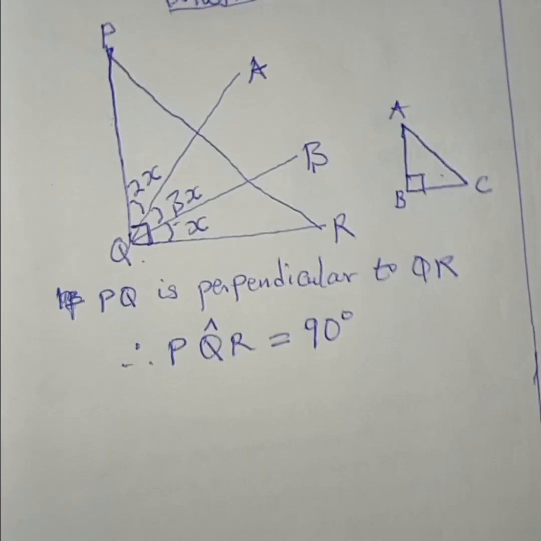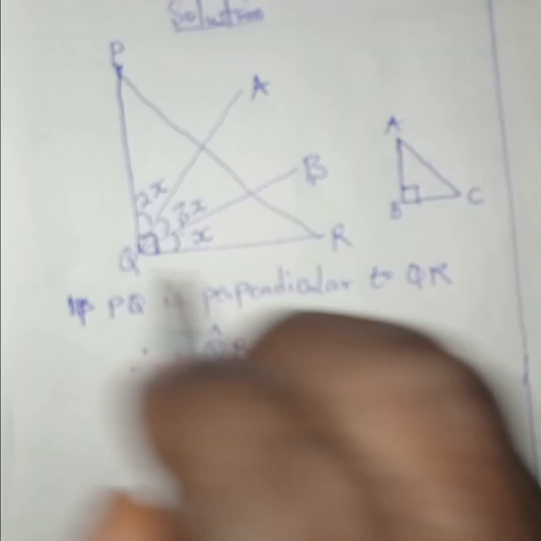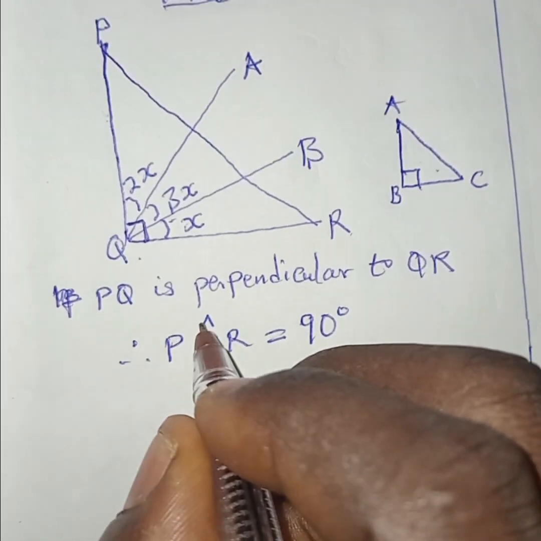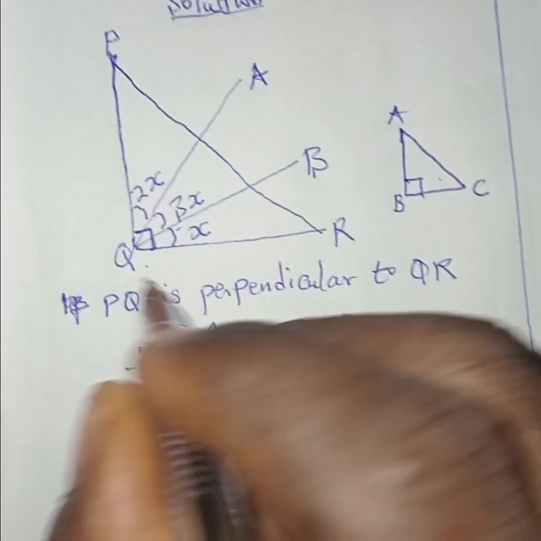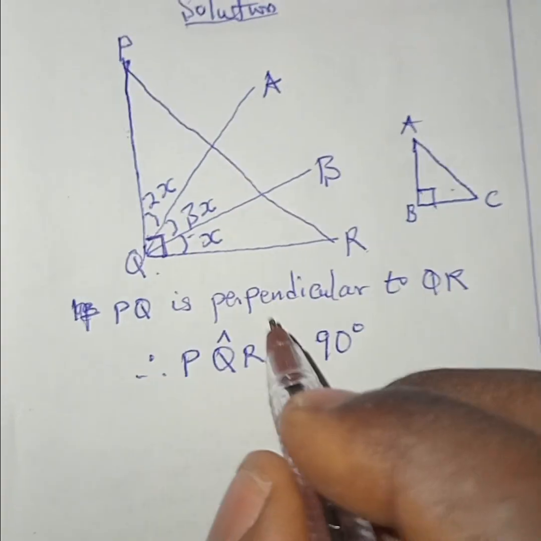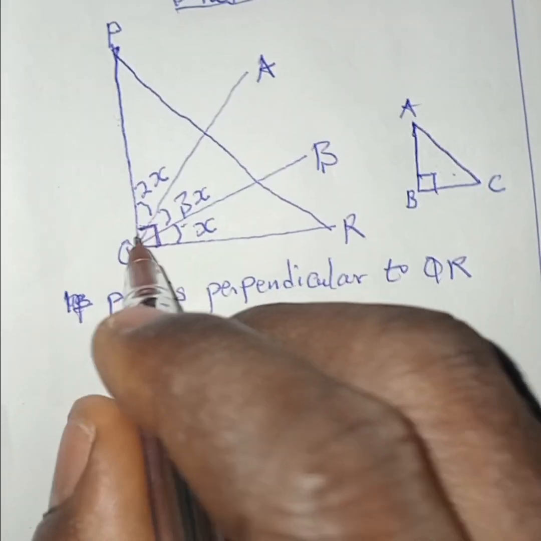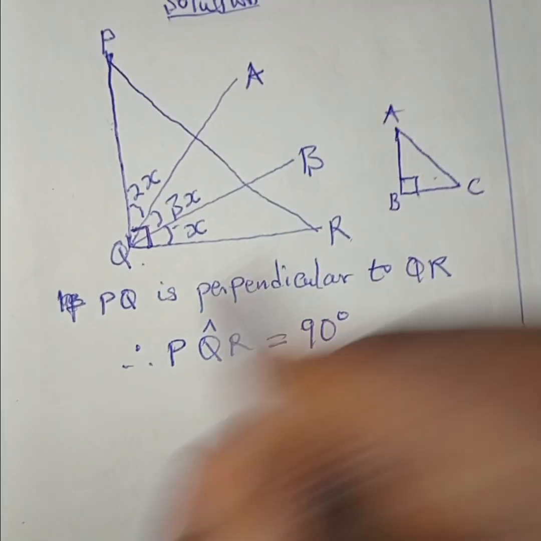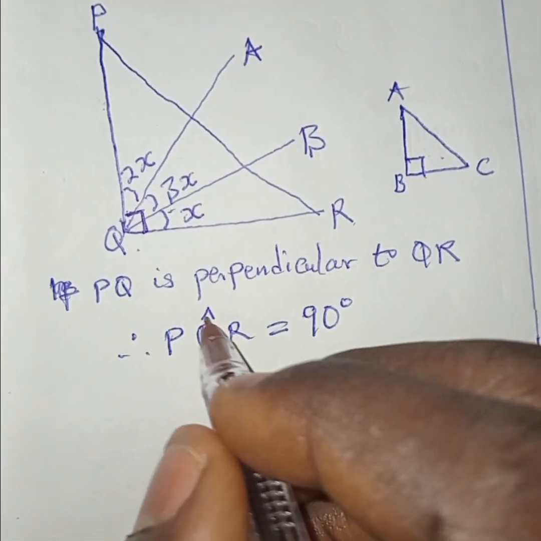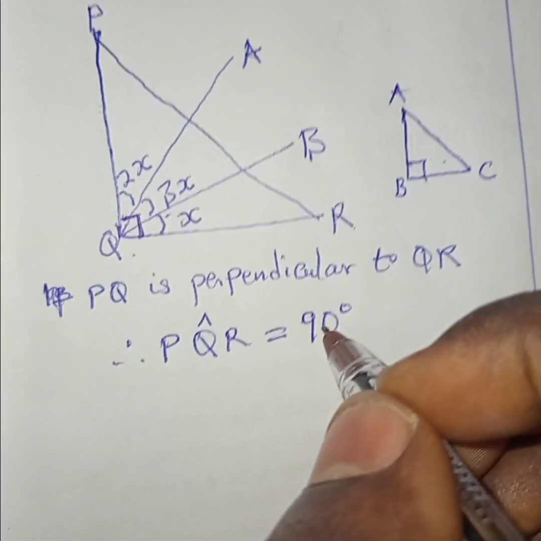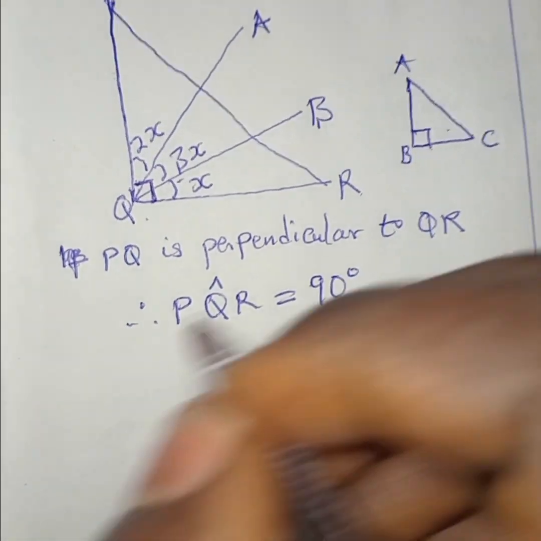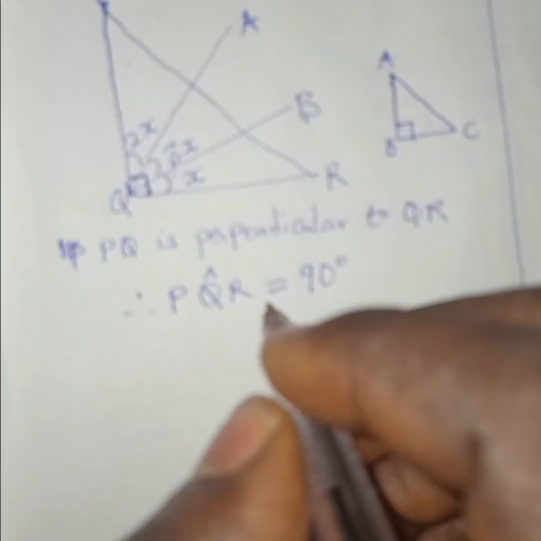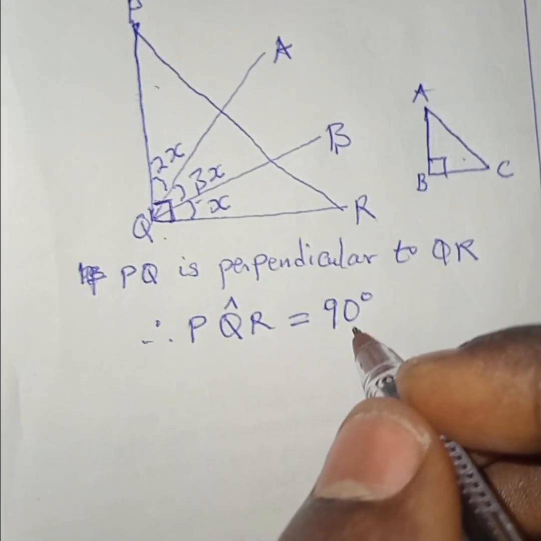Are you getting it? PQR equals 90 degrees. This sign represents what? Right angle. It means that the 90 degrees is at this point, at this Q. Are you getting it? That's why I have PQR. This is a right angle triangle, and it's equal to 90 degrees. So if that is well taken, it means that everything inside this diagram is equal to 90 degrees. Now let's continue.